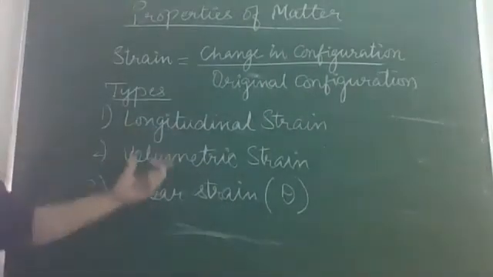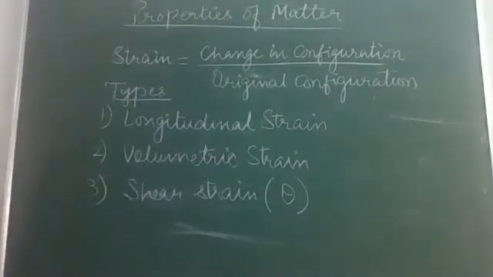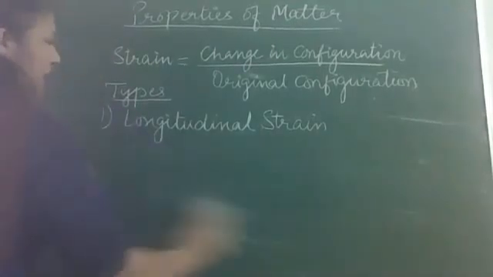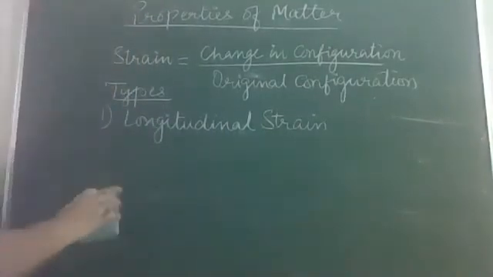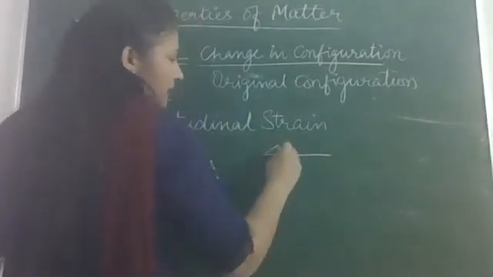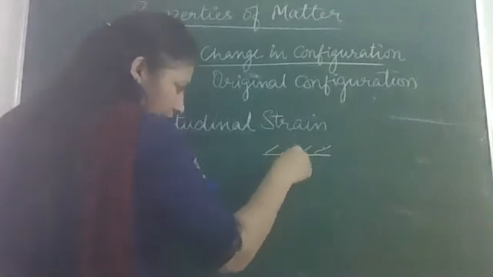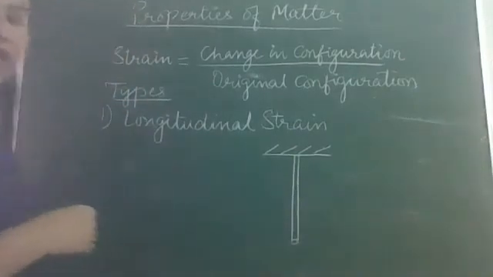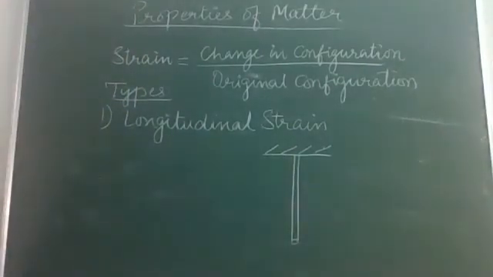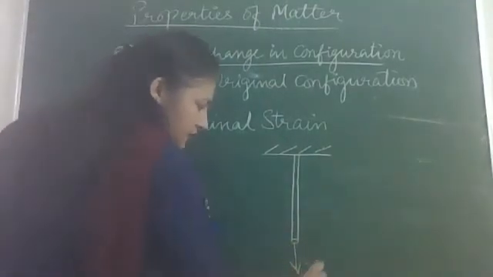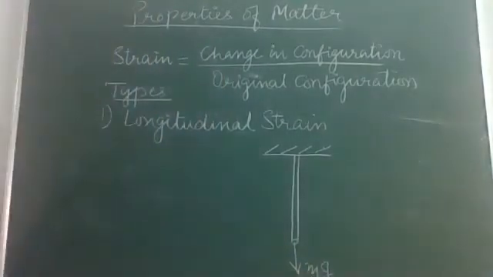So let us concentrate on the first two types, longitudinal strain and volumetric strain. First is longitudinal strain. By the name it is clear, longitudinal strain accounts for change in length, when the length of any object changes and normal stress is applied on it. Again we are taking a wire, it's always cylindrical, so let me show it like that. It is a cylindrical wire suspended vertically. I told you the stress acting on it under its own weight is normal here.